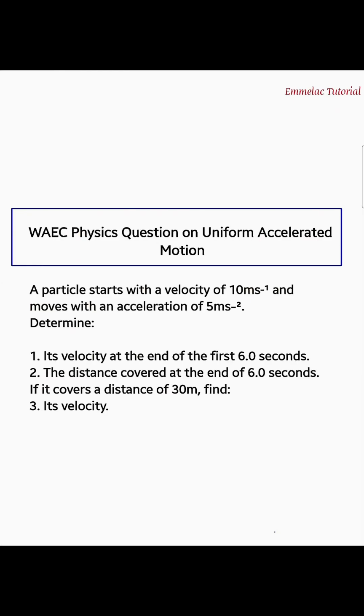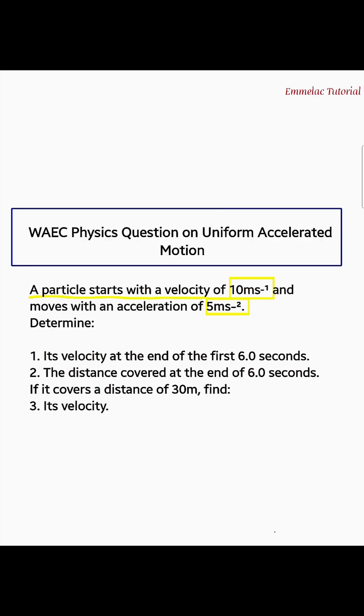Let us look at this physics question on uniform accelerated motion. It reads here that a particle starts with a velocity of 10 meters per second and moves with an acceleration of 5 meters per second squared.